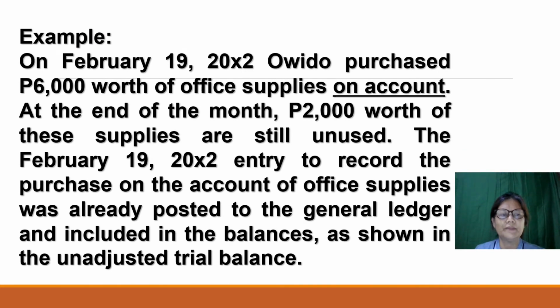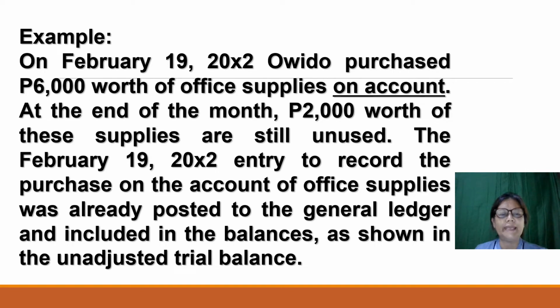Example, on February 19, 20x2, Uwido purchased 6,000 pesos worth of office supplies on account. Plus, when we say on account, this means that the company owes the supplier for now. At the end of the month, 2,000 pesos worth of these supplies are still unused.